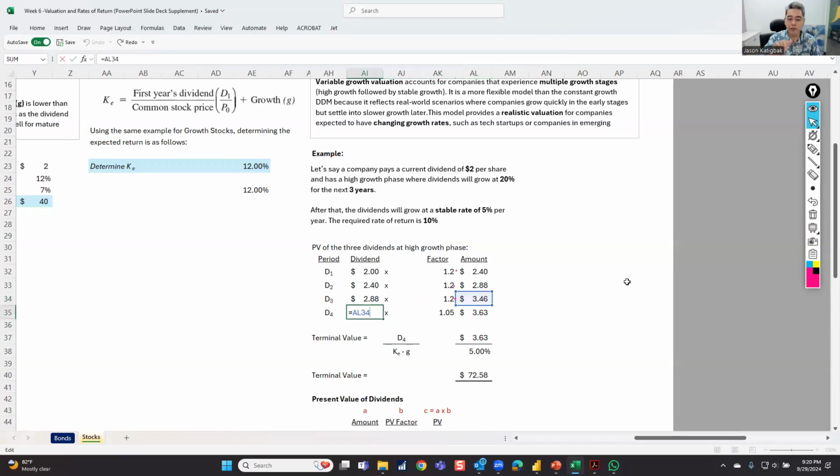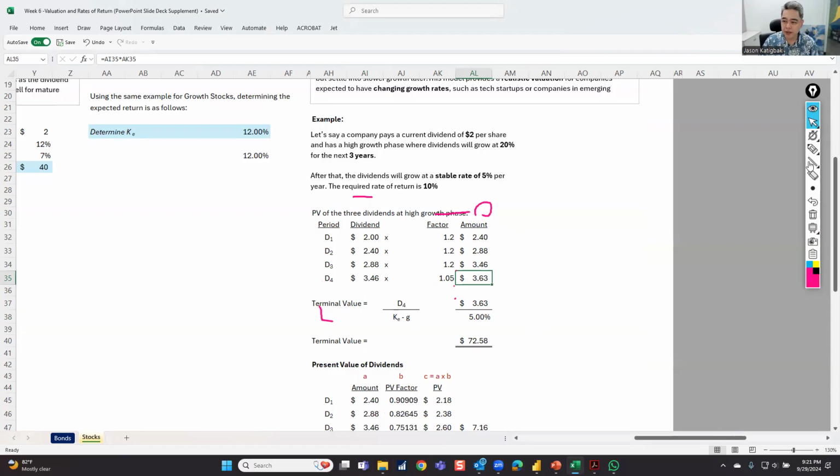Now, on dividend 4, dividends will now grow at a stable rate of 5% after the first 3 years. So on dividend 4, and in perpetuity in the future, that amount that we have at 3.46, which came from dividend year number 3, will now have a growth of 5%. So I'm going to multiply that with 1.05, right? So basically, that's 3.63.